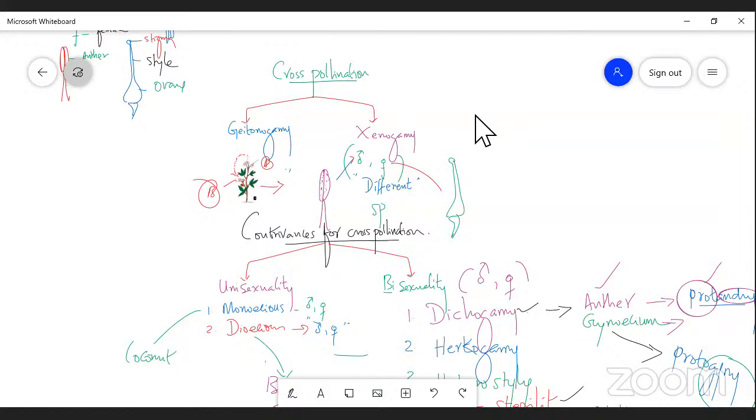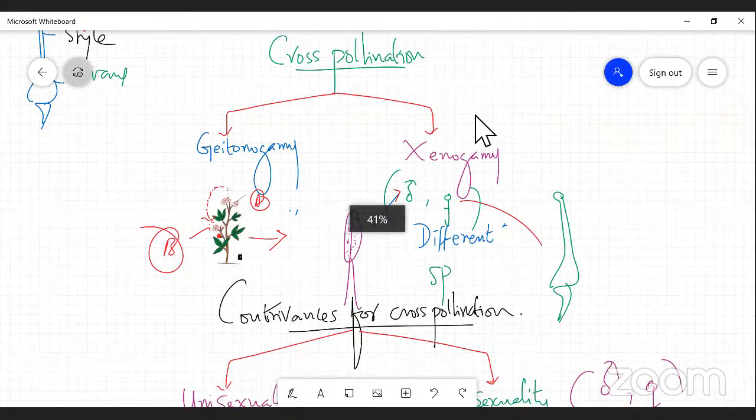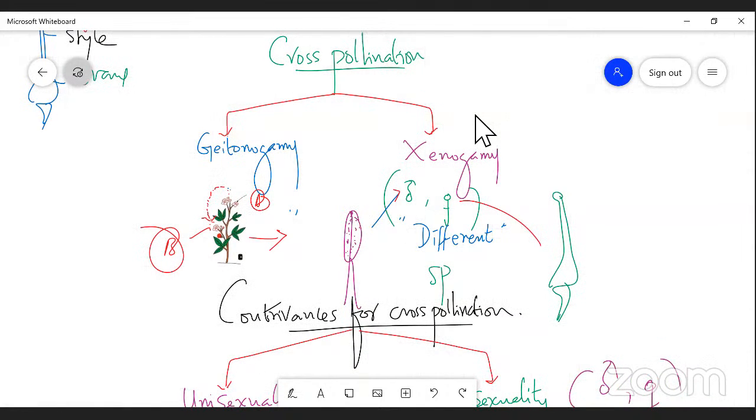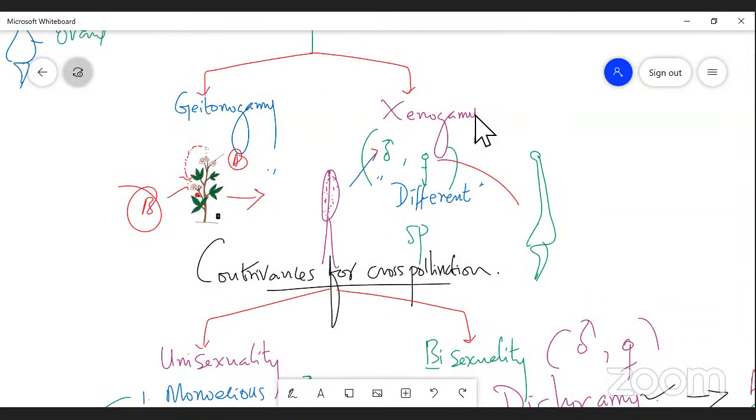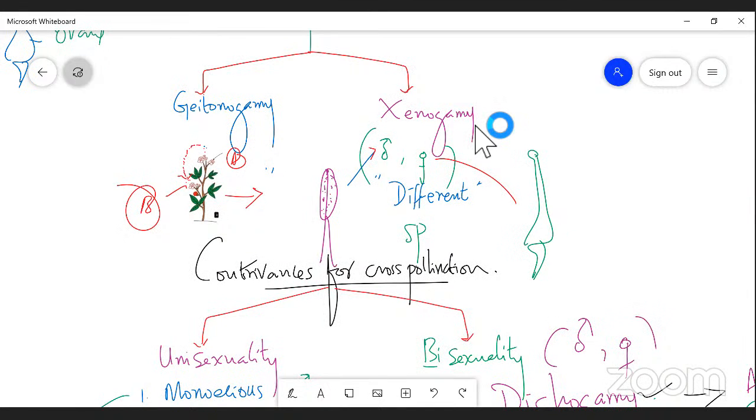Two types of cross-pollination. Very good. What are they? Geitonogamy, xenogamy. Very good, ma'am. Right. Would you explain geitonogamy? Pollen deposited on another flower of the same individual plant. Very good. Would you explain xenogamy? Genetically different pollens from another plant. Very good. Right.